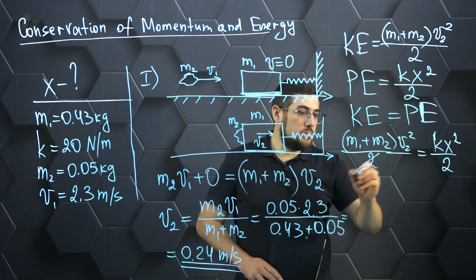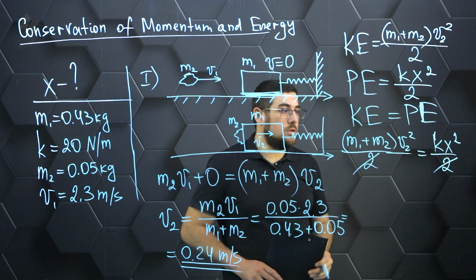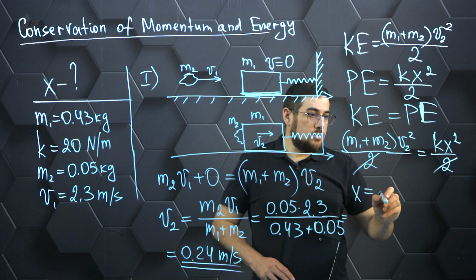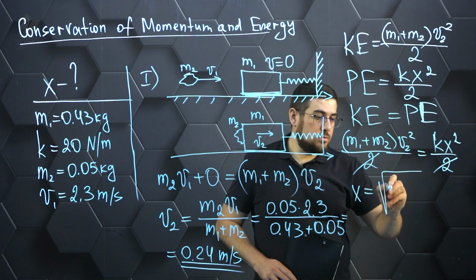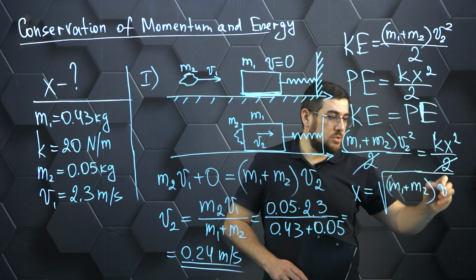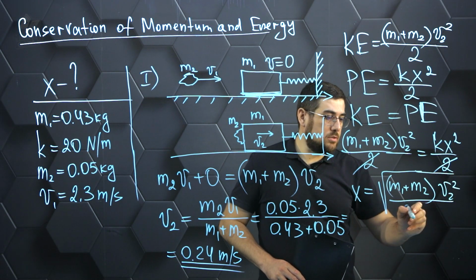We see that here we can reduce the denominators, and from here we express the value for x. We get at once the formula: x squared equals m1 plus m2 multiplied by v2 squared and divided by k.